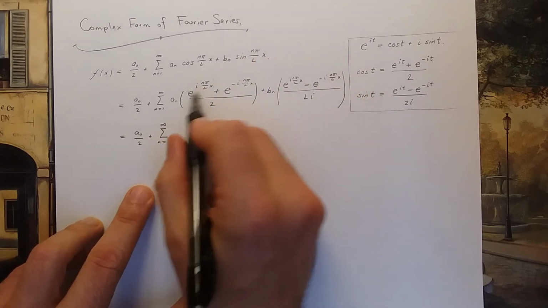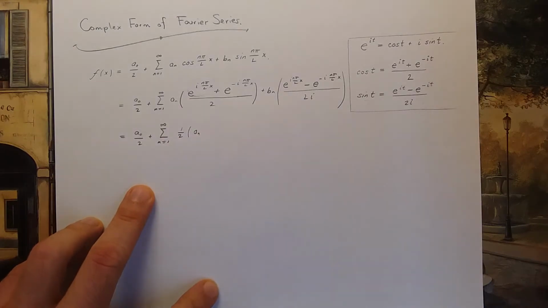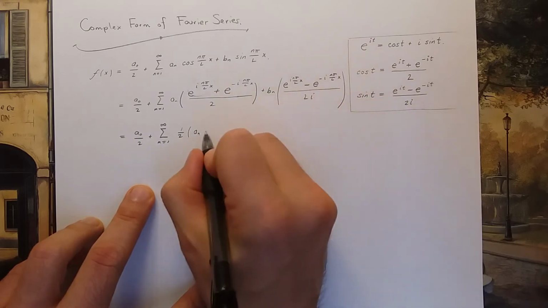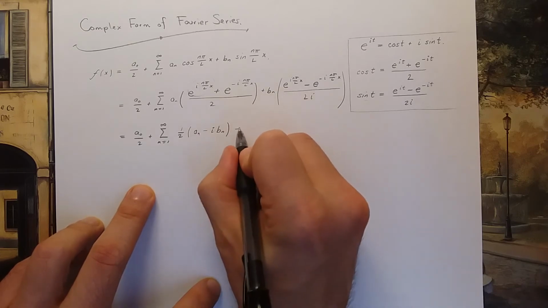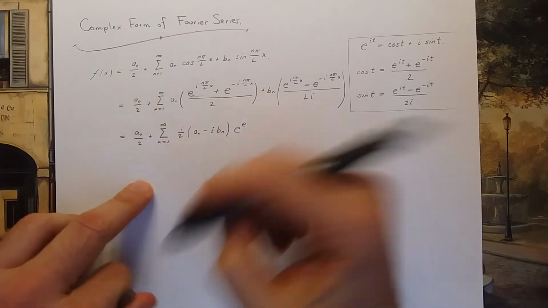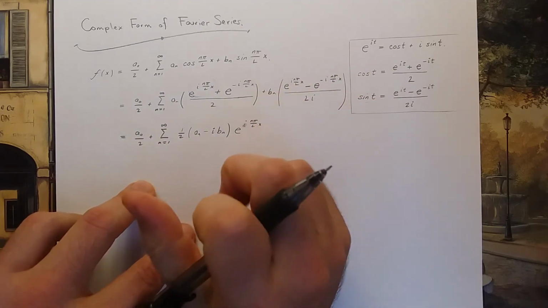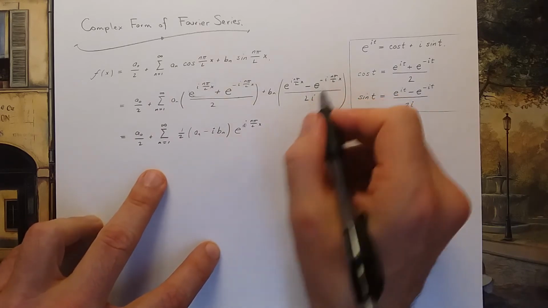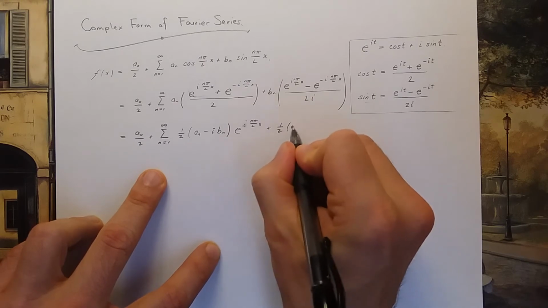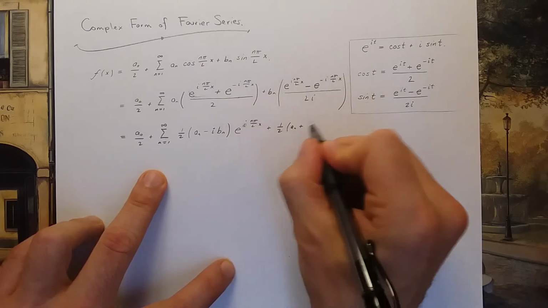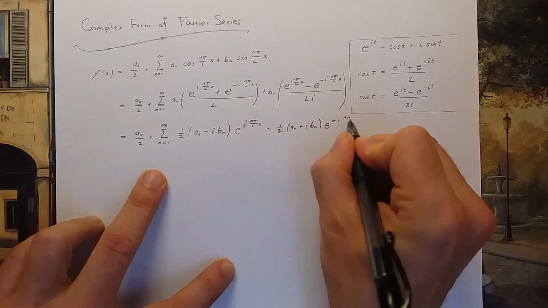If you group all the terms with a positive power, I think you'll find 1/2 an minus i bn times the positive terms, e to the i n pi over L x, and the terms that have the negative would have coefficient 1/2 an plus i bn times e to the negative i n pi over L x.